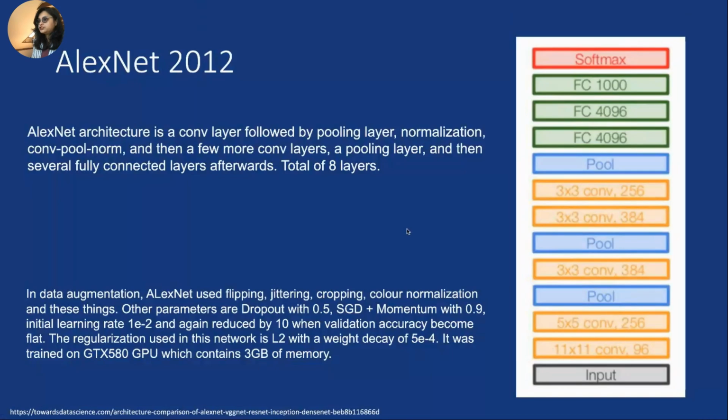One of the new things here was data augmentation. AlexNet used flipping, jittering, cropping, and color normalization. This was new compared to what had been done before, and it increased the performance by a lot. It helps because if you have a finite amount of training data, this increases your training data 4 or 5 times, since you've created new images from your existing training data.